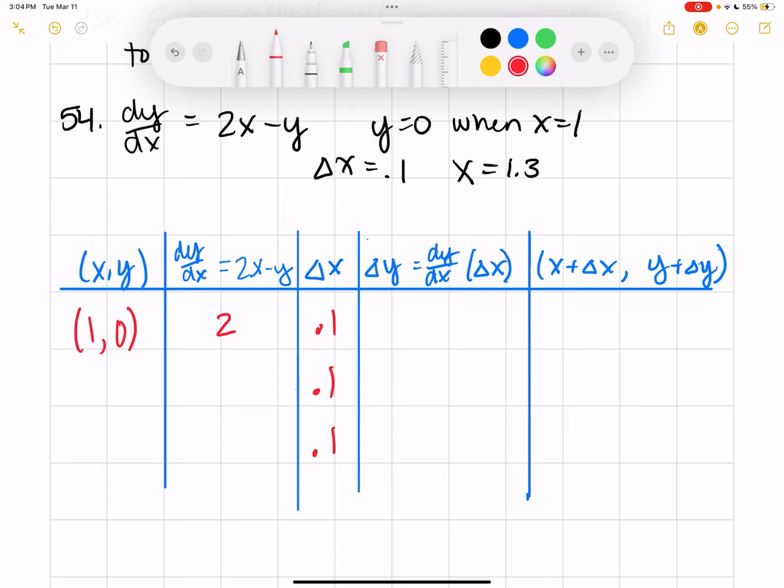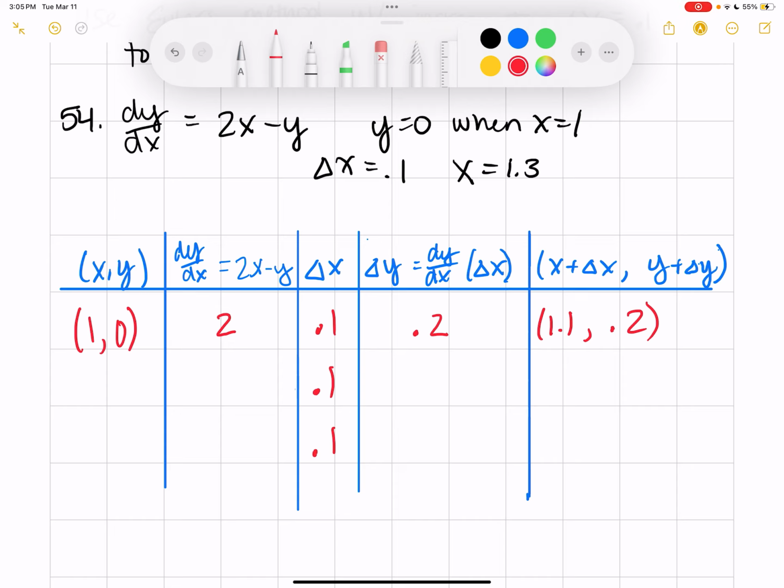So what's 2 times 0.1? 0.2. Beautiful. So now this point is x plus delta x, so 1 plus 0.1 is 1.1, comma, y plus delta y is 0 plus 0.2 is 0.2.